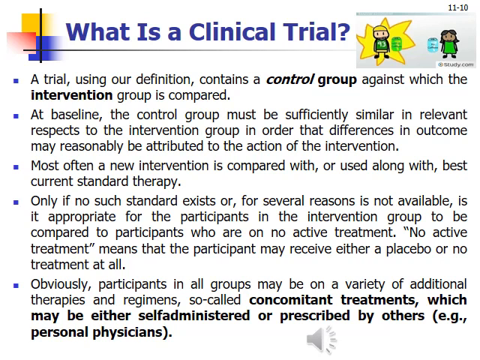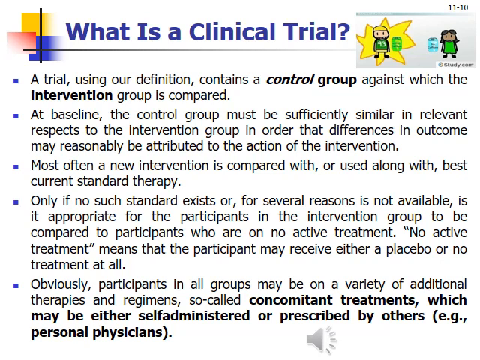At baseline, the control group must be sufficiently similar in relevant respects to the intervention group in order that differences in outcome may reasonably be attributed to the action of the intervention. Most often, a new intervention is compared with or used along with best current standard therapy.